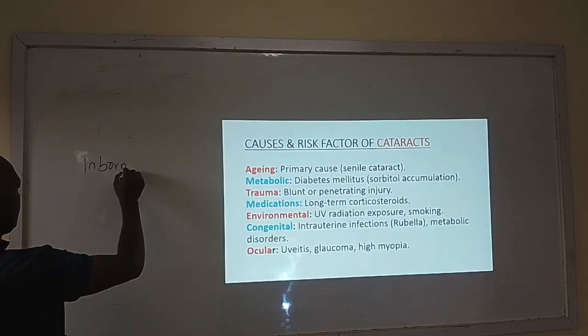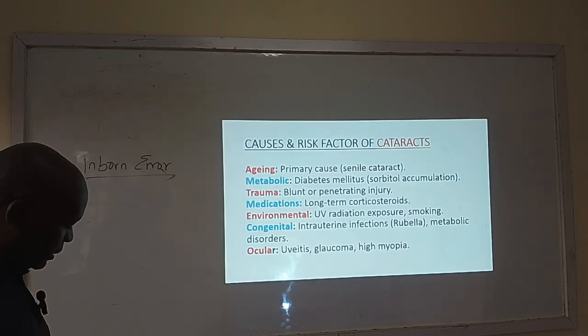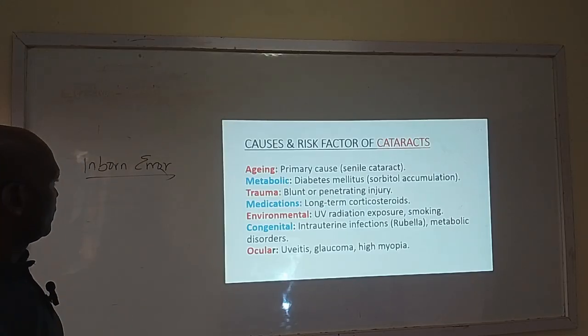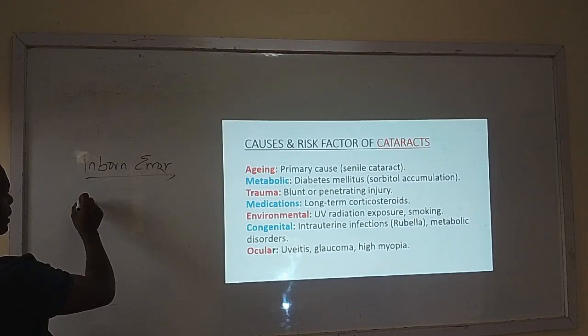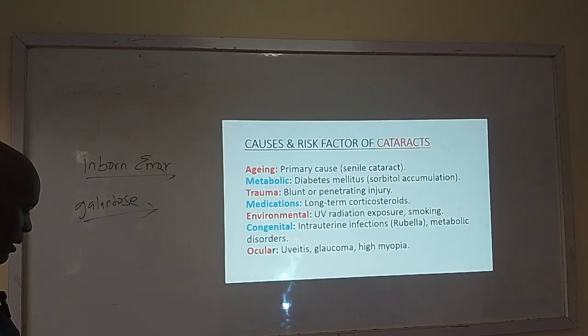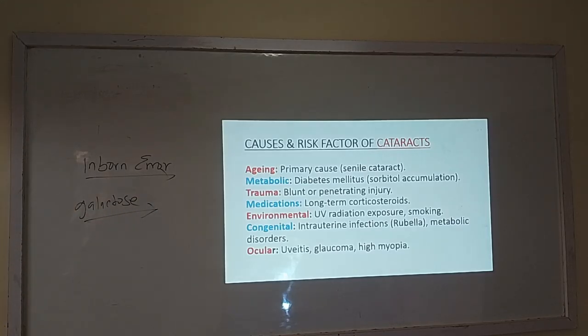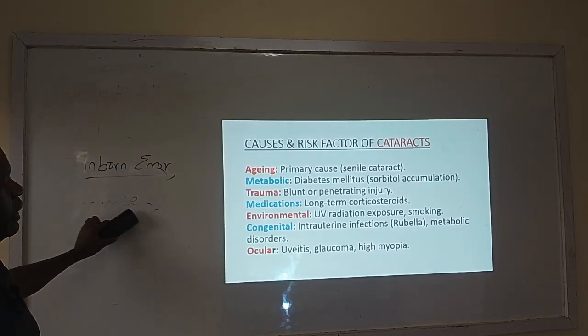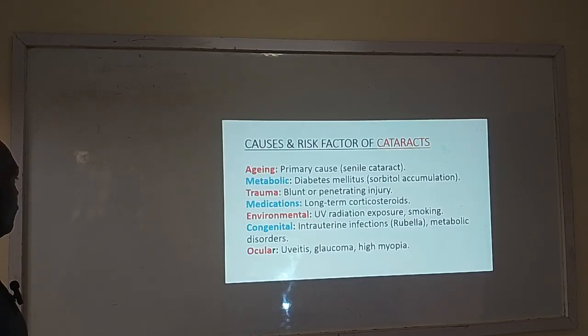An inborn error, for example, is where a child is born with inability to digest some monosaccharides, for example, galactose. If a baby is born with an inborn error, maybe lacking an enzyme that breaks down galactose, then it will also accumulate in the lens to form galactitol.